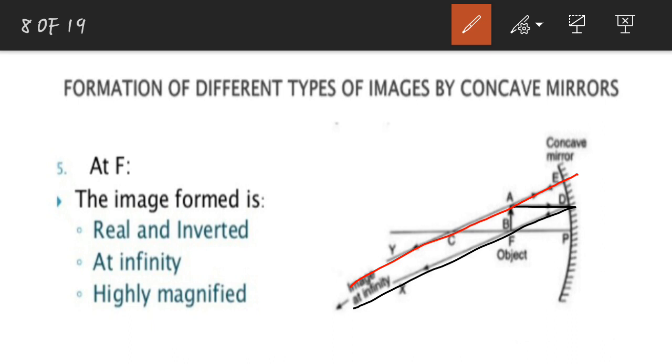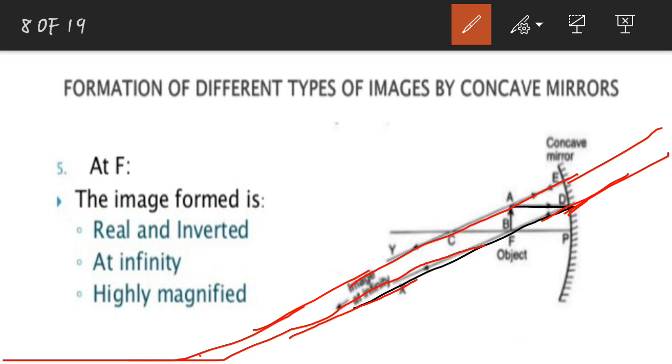These two lines are parallel to each other, so the image will be formed at infinity. They are almost parallel, so they are not going to meet here, and the image will be highly magnified.